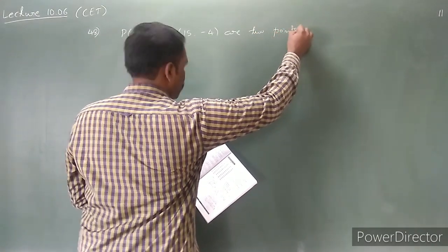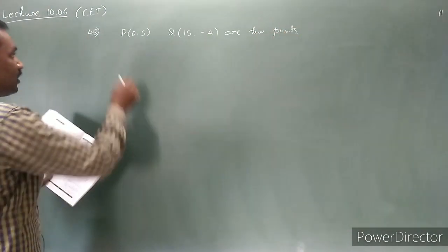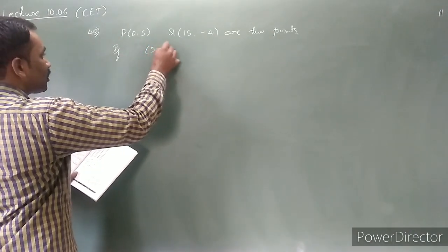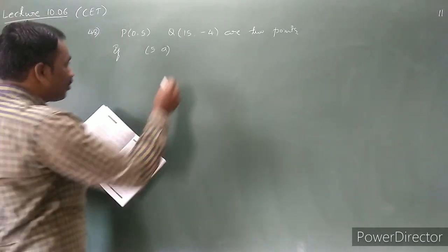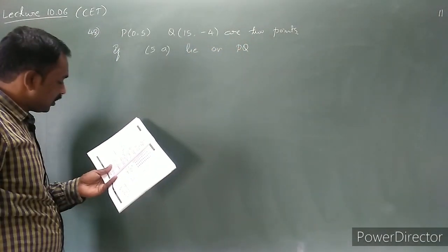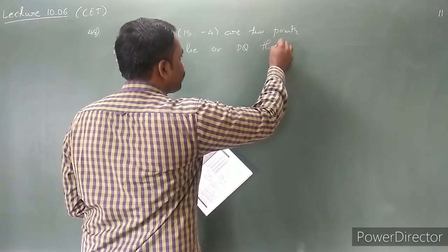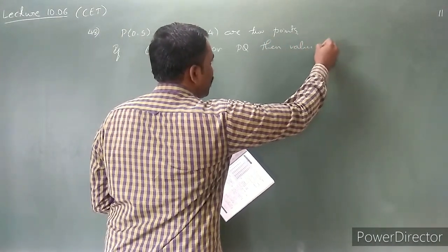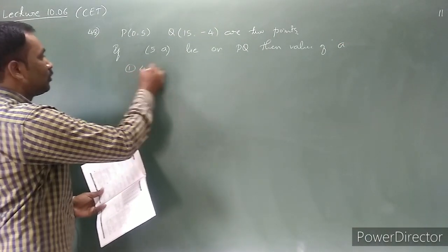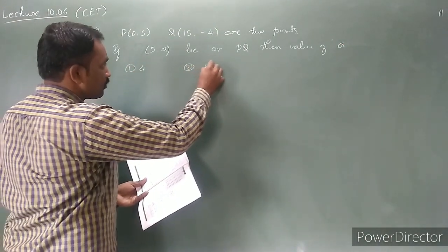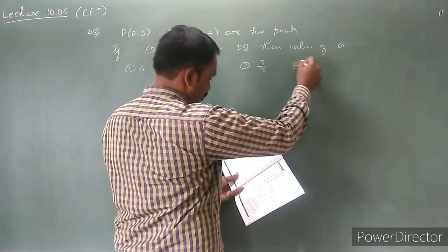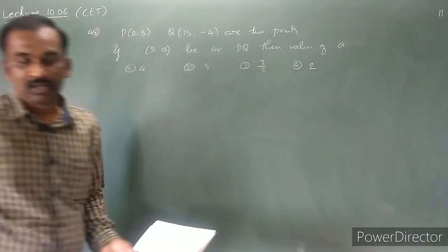If the point 5, A lies on the line PQ, then the value of A is how much? First option is 4, second option is 5, third option is 3 by 2, and fourth option is 2. Okay.